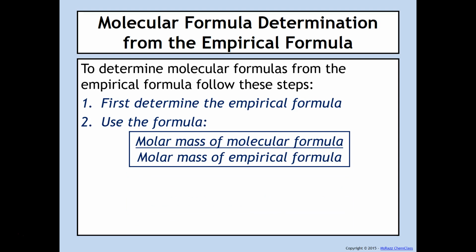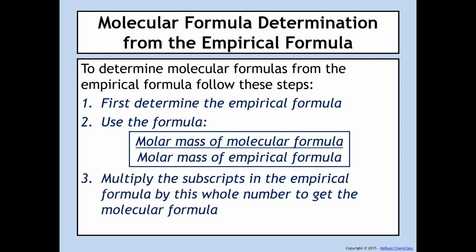The number you get when you divide the two should be a whole number. If it's not, then you did something wrong. The last step is to multiply the subscripts in the empirical formula by the whole number that you got in step 2 to get the molecular formula.